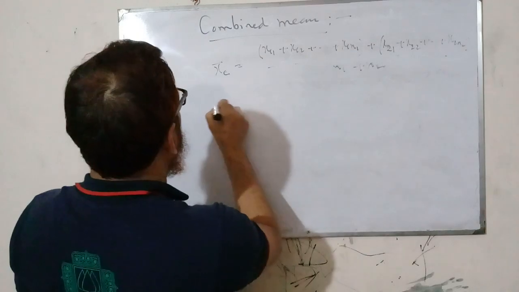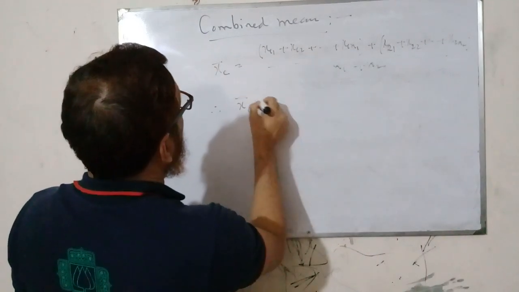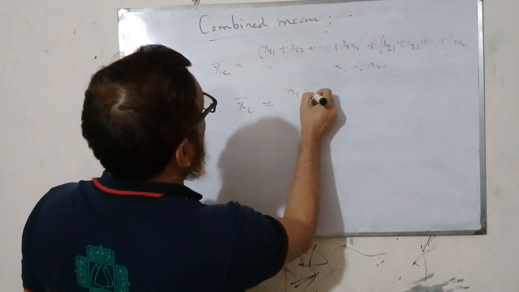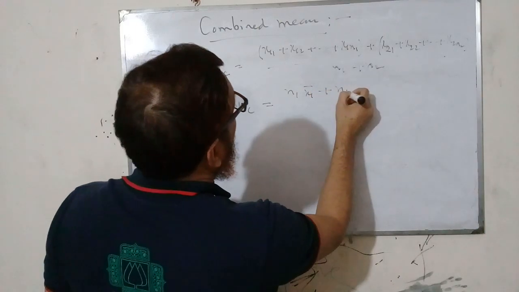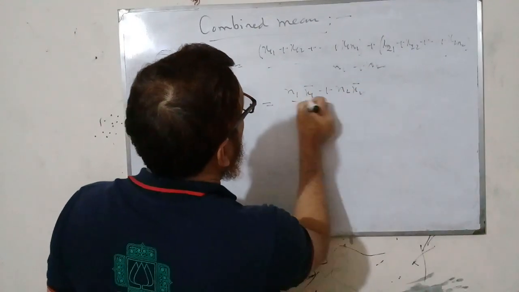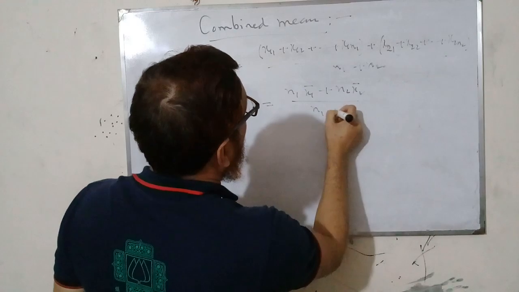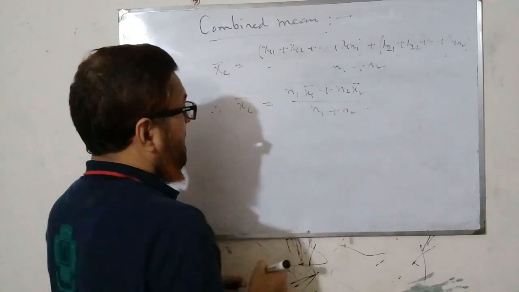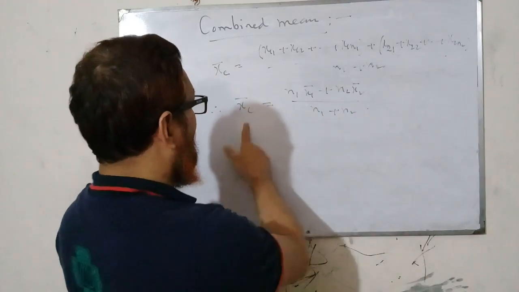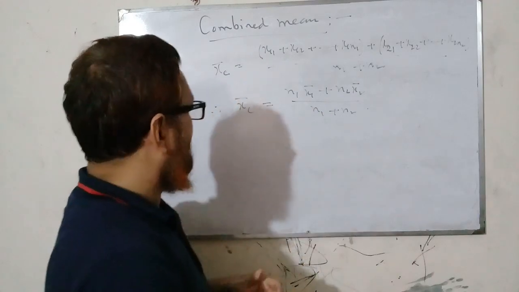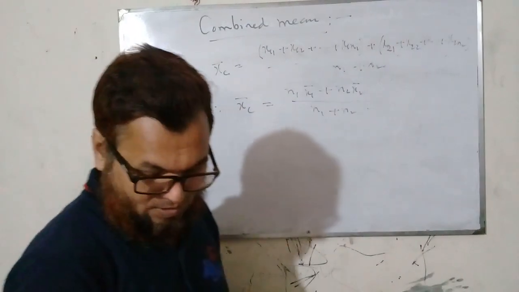Now putting these values, we get n1 x1 bar plus n2 x2 bar divided by n1 plus n2. This is the combined mean of two series of data sets.